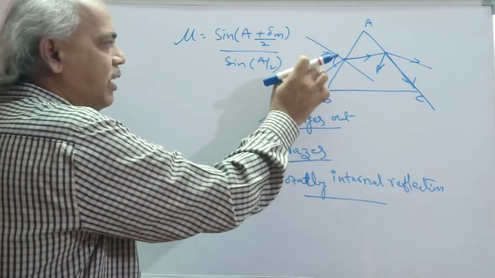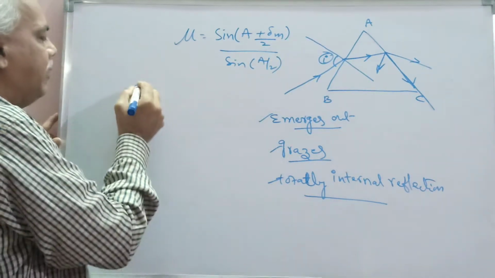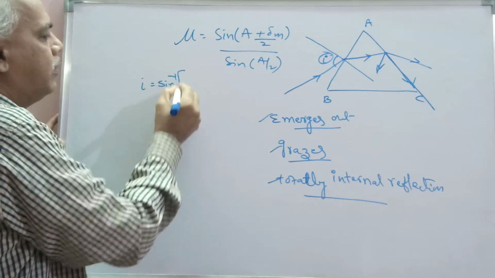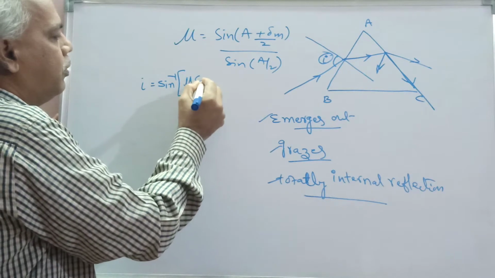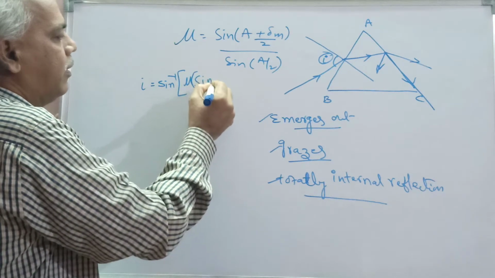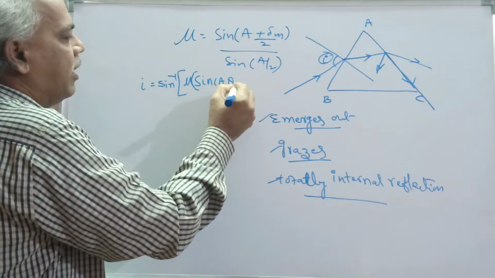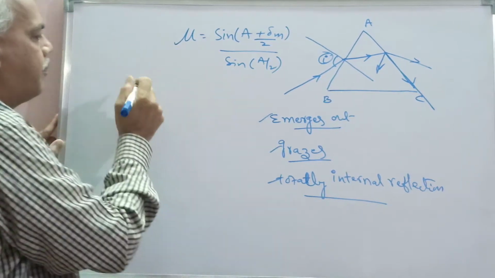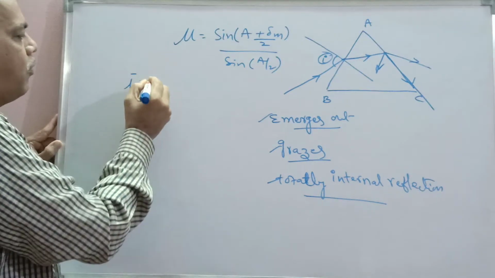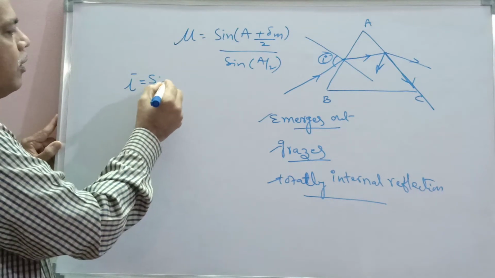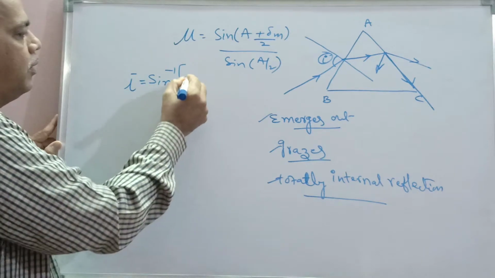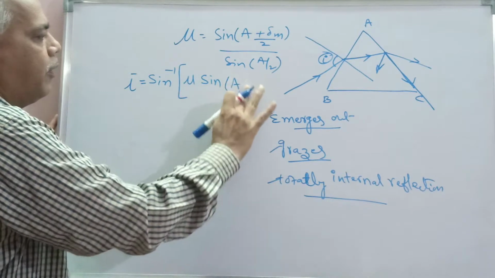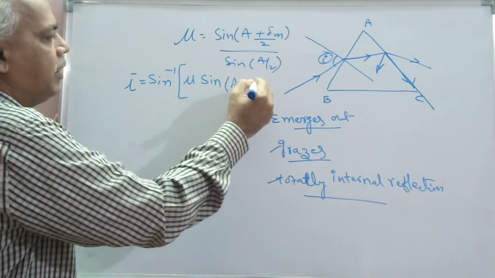This angle of incidence I is equal to sine inverse of mu into sine of (A minus theta c).